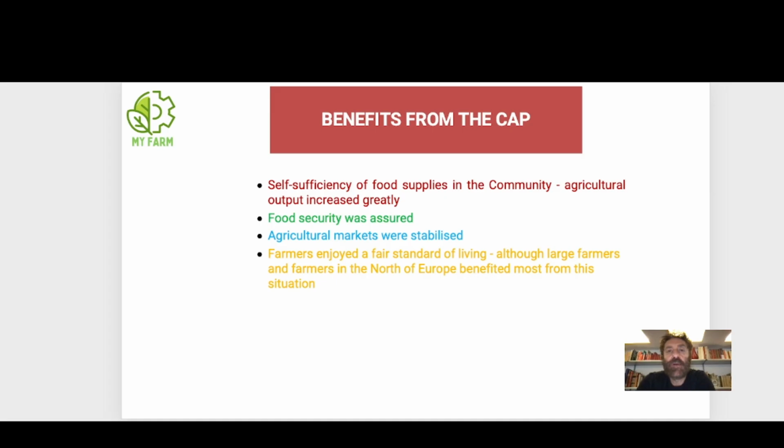The main benefit for farmers and rural areas could be identified in the fact that the policy ensures a stable, abundant, and secure supply of good quality and safe food, a stable and fair income for farmers, and very broad support for the rural economy, because the CAP gives a strong push for innovation and fosters productivity in farms and rural areas.